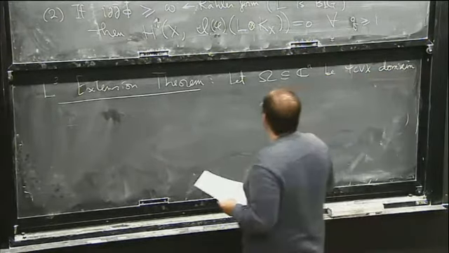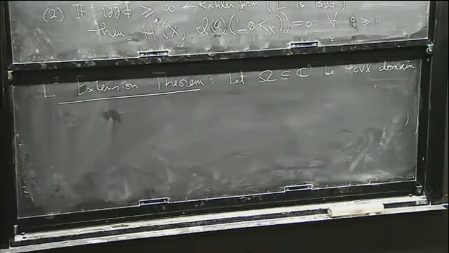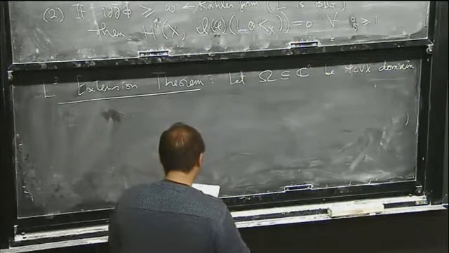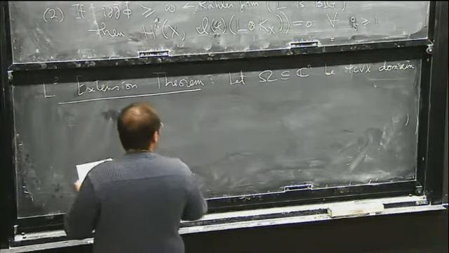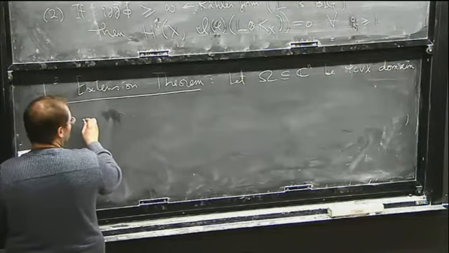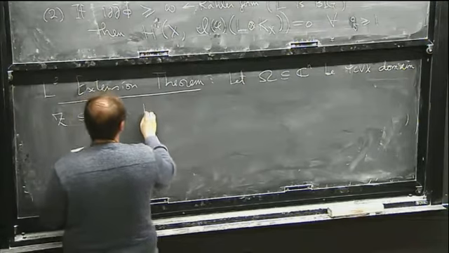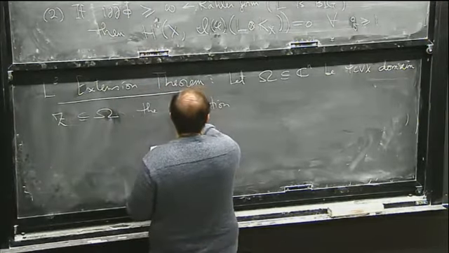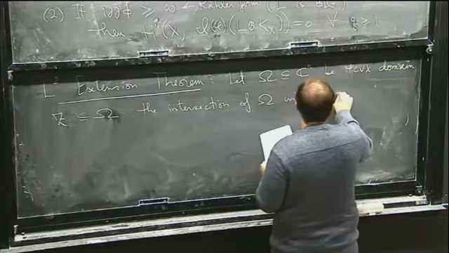For the applications here, if you don't know what pseudo-convex is, you can assume that it's just convex. That's good enough for the applications here. And then I'm going to let Z be a hyperplane. So I'll put Z is the intersection of omega with a hyperplane.